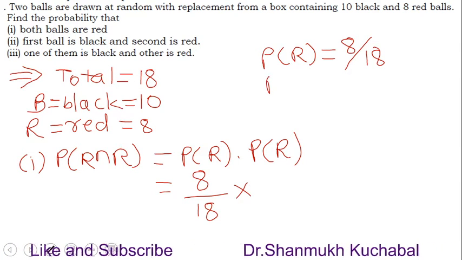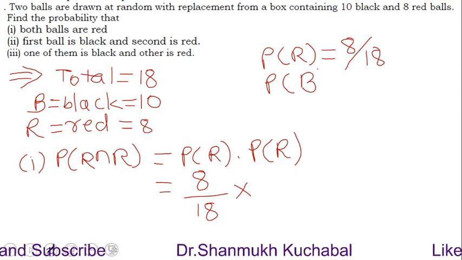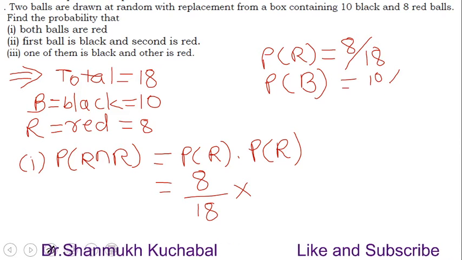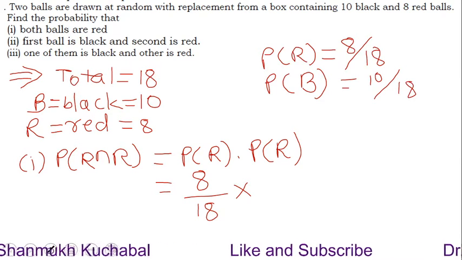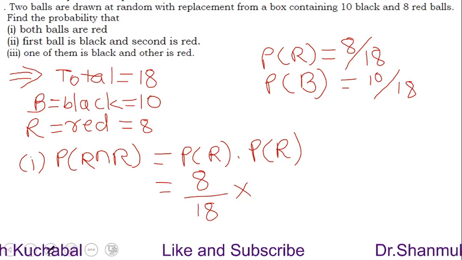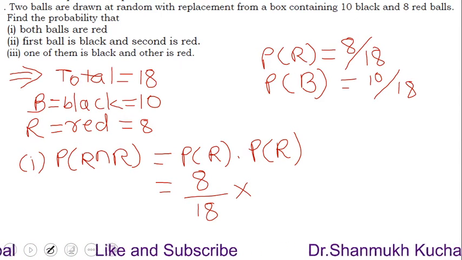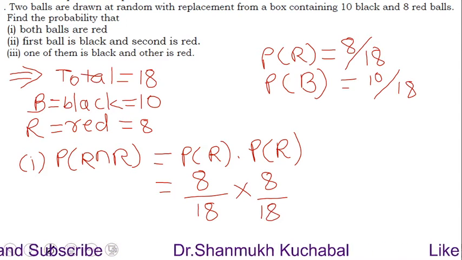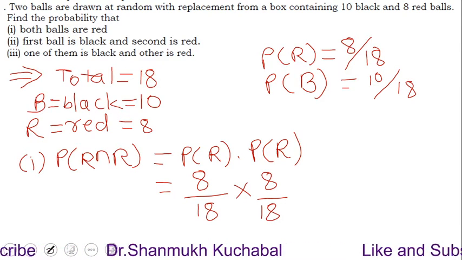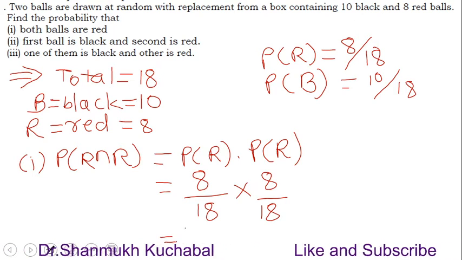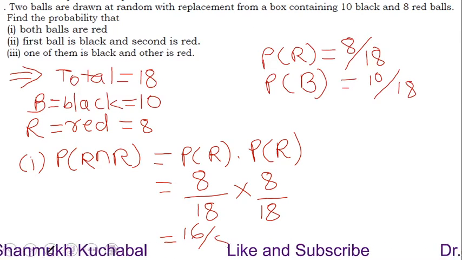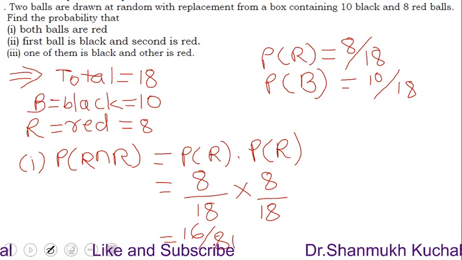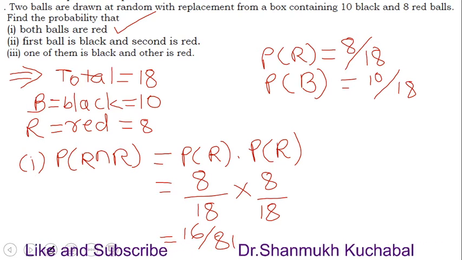And the probability of a black ball B is 10, with total number of balls 18. Now P of R once again, I write 8 divided by 18. Simplifying this we get 16 divided by 81 as the solution for the first sub question.